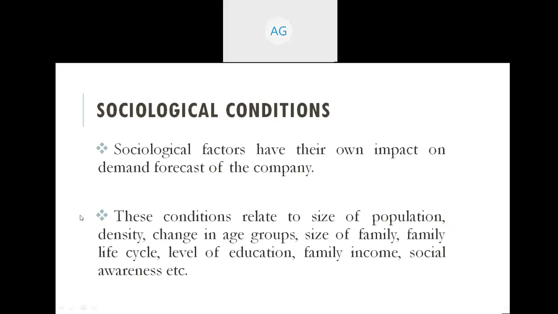Now the sixth determinant is sociological conditions. So sociological factors have their own impact on demand forecasting of a company. So basically the sociological factors are dependent on the society.